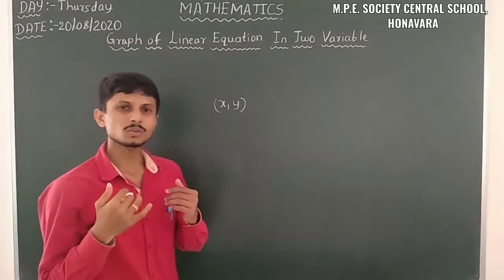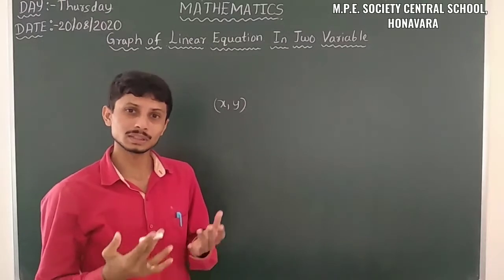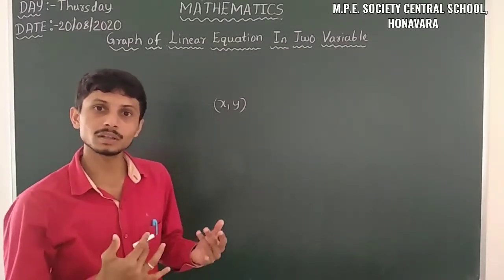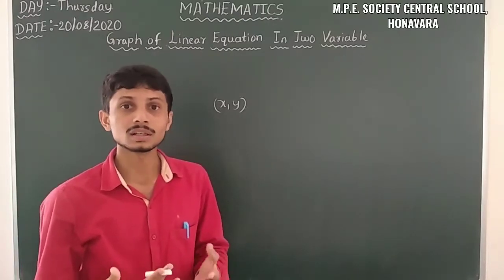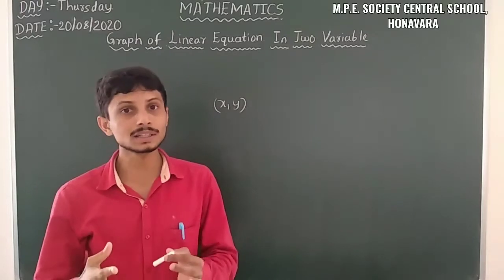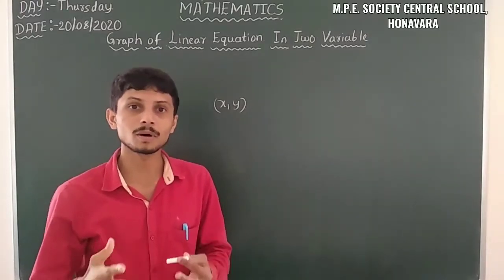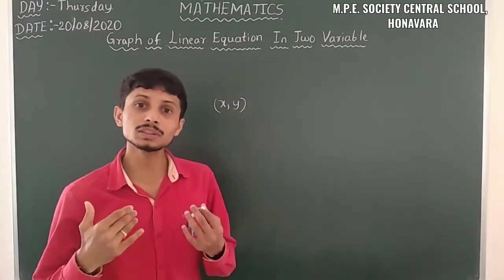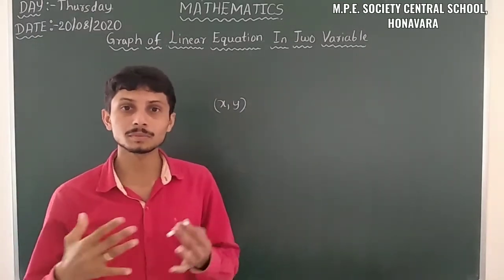So here we have to take some solutions of the equation. When we take a linear equation in two variables, we have to convert it in the form of x is equal to or y is equal to. Then we insert some values of x and get the corresponding values of y.